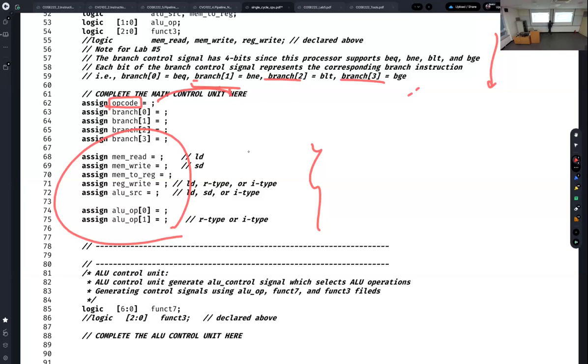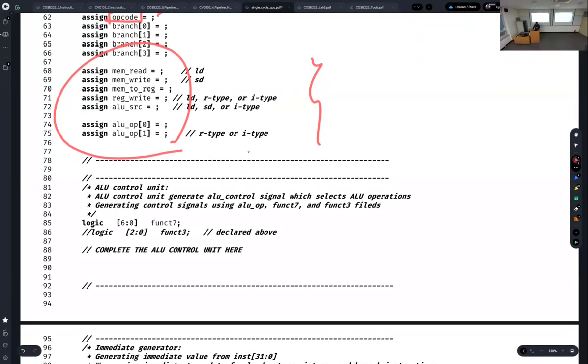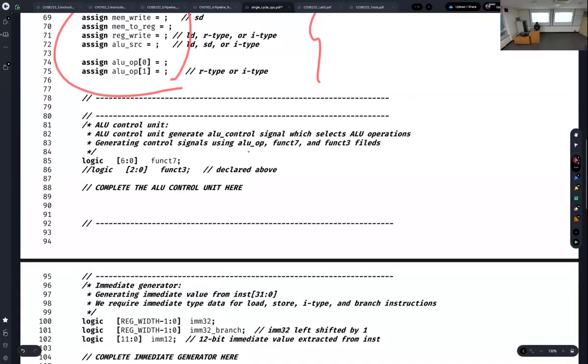Also, we need to complete the ALU control unit, so it needs to generate the 4-bit ALU control signal, right?